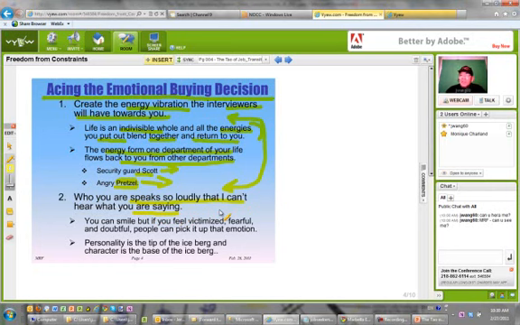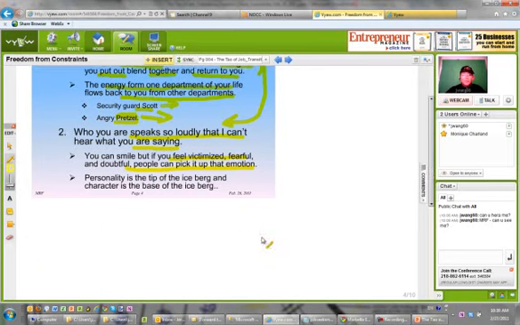People can pick it up very easily, how easily ruffled my feathers are, how easily upset, how stable, how wise, how tough I am. Everybody knows. And this factors into the emotional hiring decision. So you can smile, but if you feel victimized, fearful, and doubtful, people can pick up that emotion.